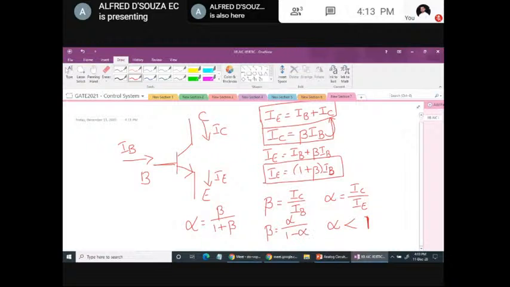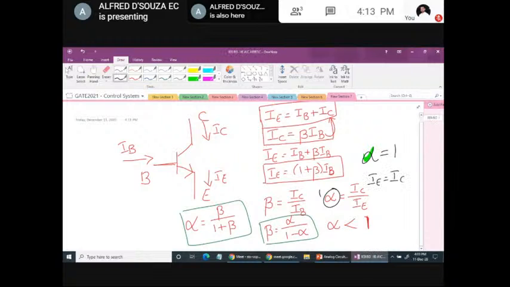So these are the equations that you need to remember. You should not forget this. In case of an ideal transistor, sometimes they may say alpha will be equal to 1. If alpha is equal to 1, that means IE will be equal to IC.